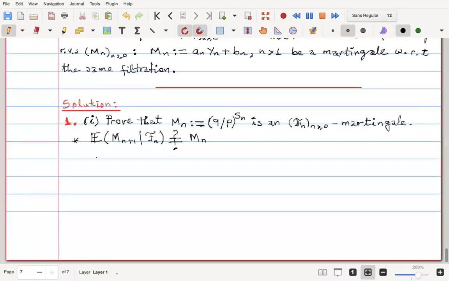The first property is that for a fixed n, M_n is adapted, meaning that it is F_n measurable.